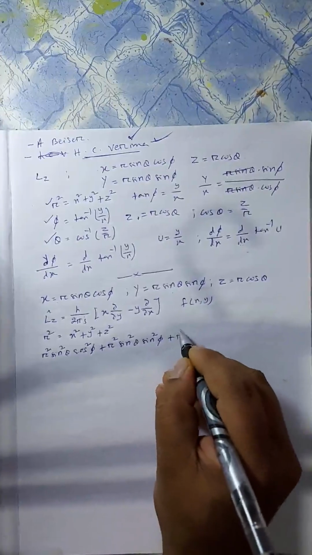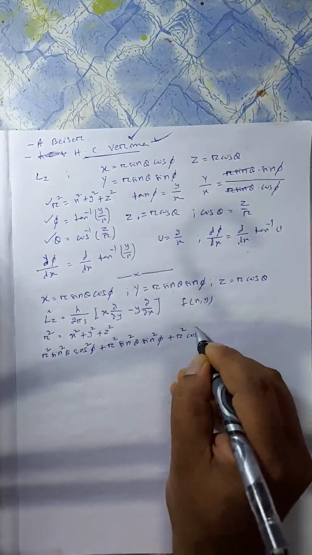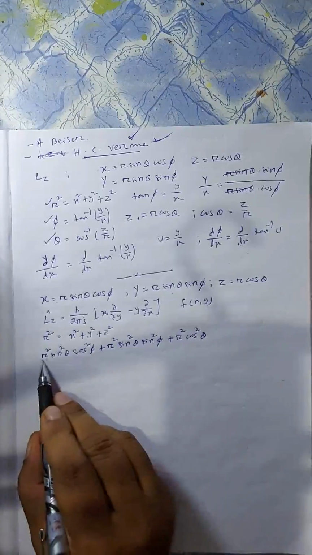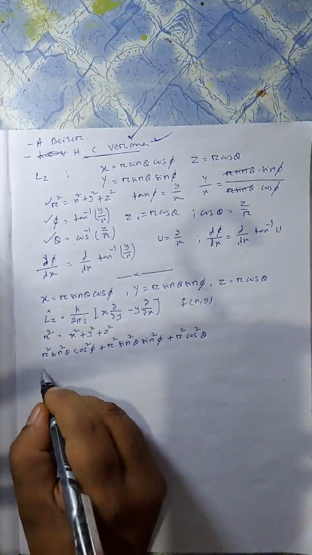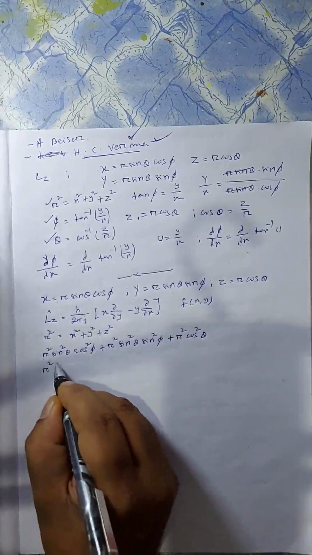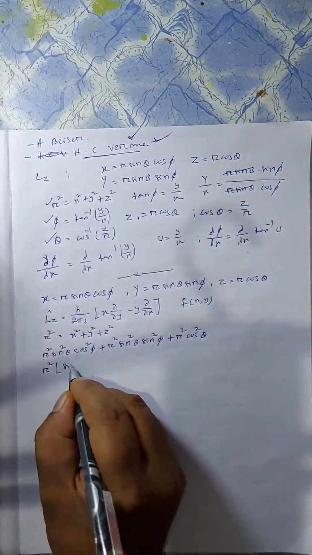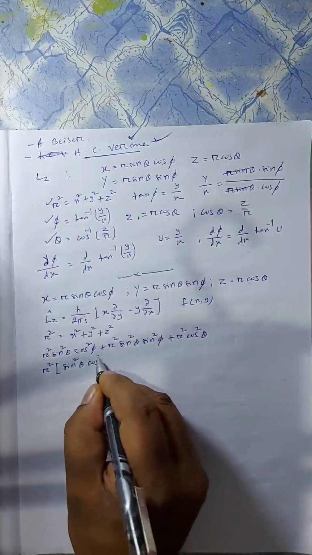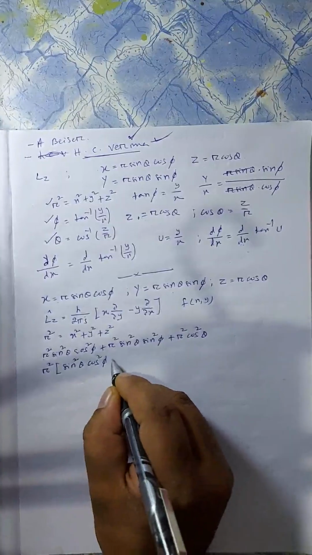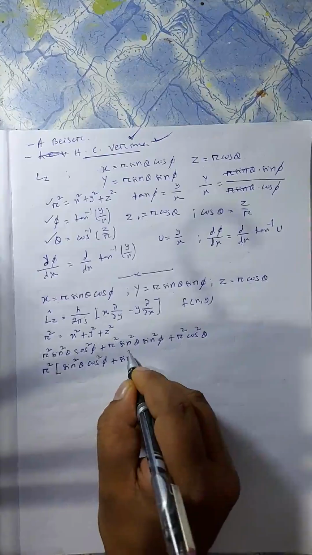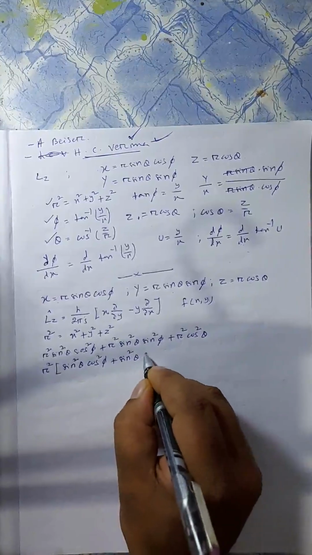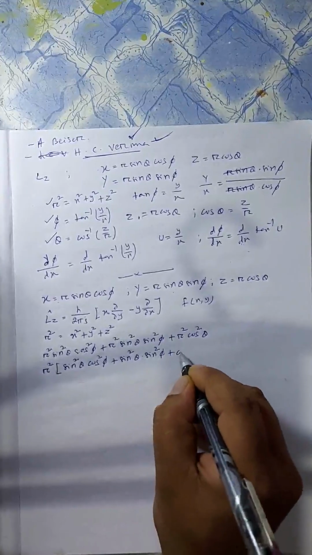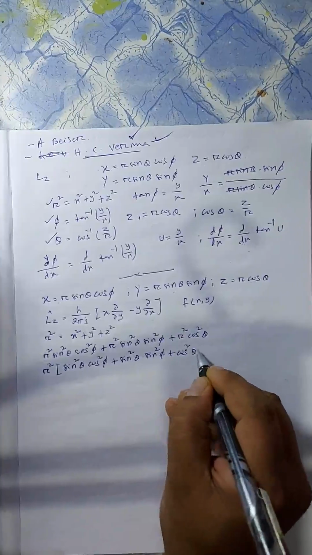And z square is equal to r square cos square theta. Now take r square common in all three cases: sin square theta cos square phi plus sin square theta sin square phi plus cos square theta.